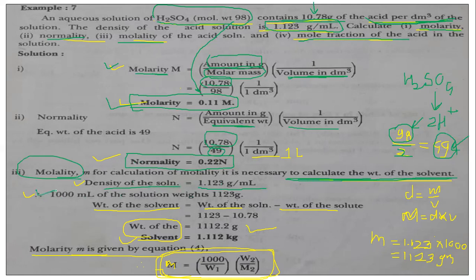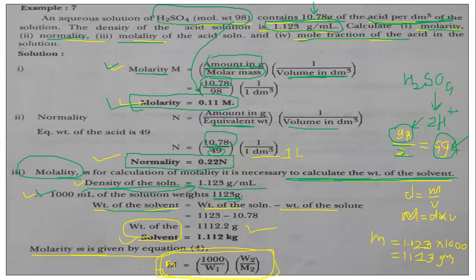So 1000 ml of solution's weight is, you have to multiply this by 1000. How much gram is this? If you multiply this with 1000, how many grams will it be? 1123 gram. This is the solution's weight now.